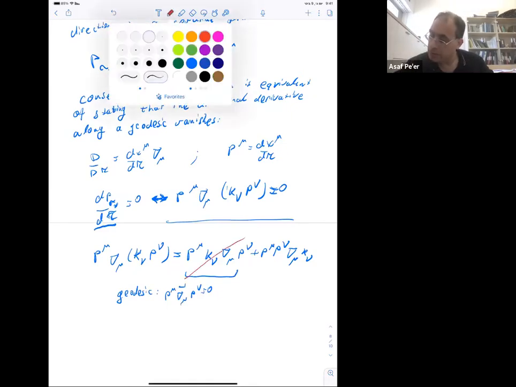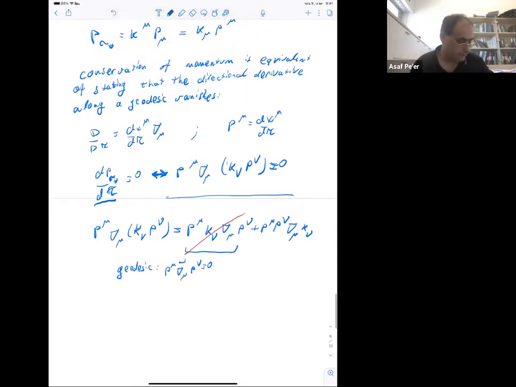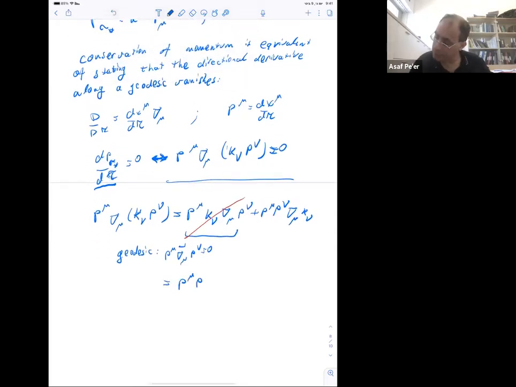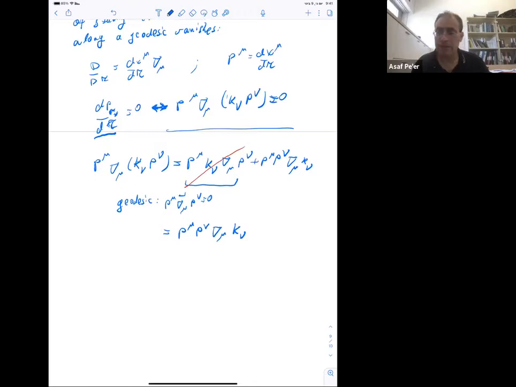That goes down. So P mu P nu nabla mu K nu. But again, because of the symmetry between mu and nu, I can expand that into a symmetric and an anti-symmetric part. And the anti-symmetric part is going to give me 0. So I can simply write it down as 1/2 P mu P nu times nabla mu K nu plus nabla nu K mu. Right. That is because I used symmetry.